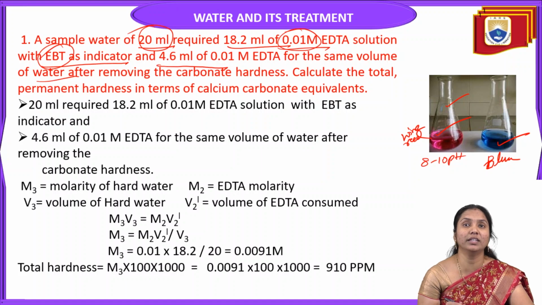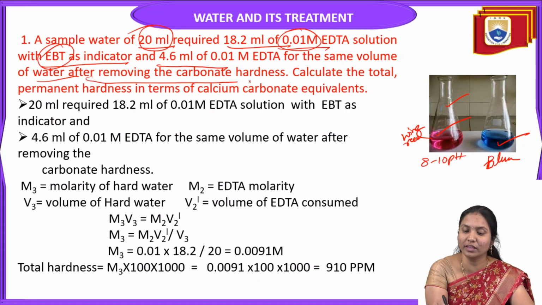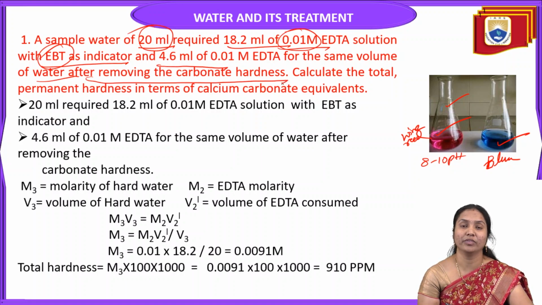But it requires only 4.6 ml of EDTA because here the carbonate hardness, that is the temporary hardness causing ions of water, has been removed. How can we remove temporary hardness causing ions? By boiling. During boiling, the dissolved calcium or magnesium bicarbonate is converted into insoluble precipitates like calcium carbonate or magnesium hydroxide.